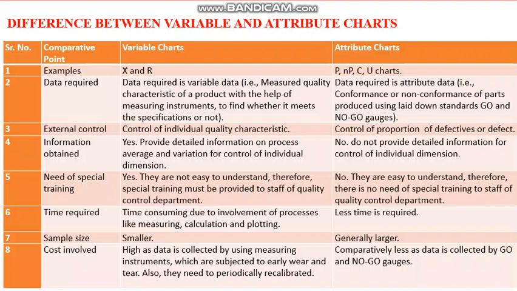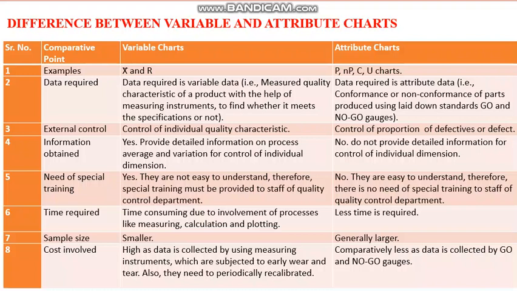Now data required: a measured quantity obtained by precision measuring instruments like screw gauge, vernier caliper, dial gauge indicator or surface roughness meter. With that you calculate for X bar R charts.